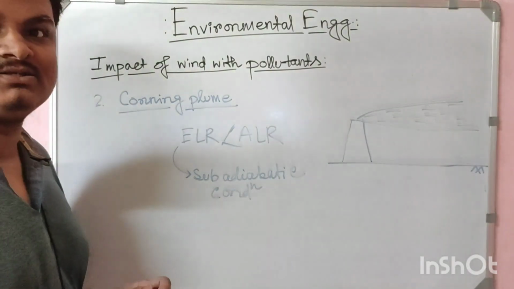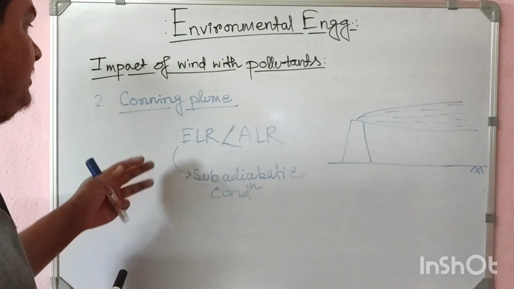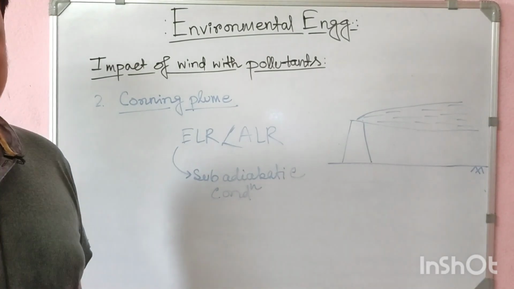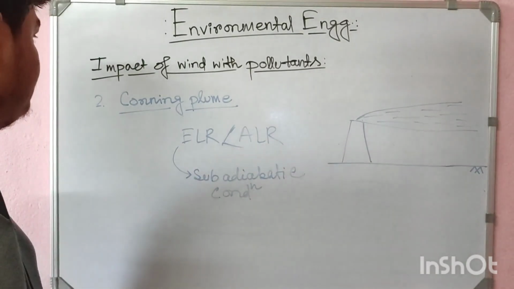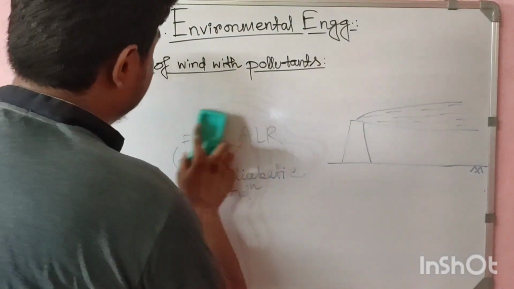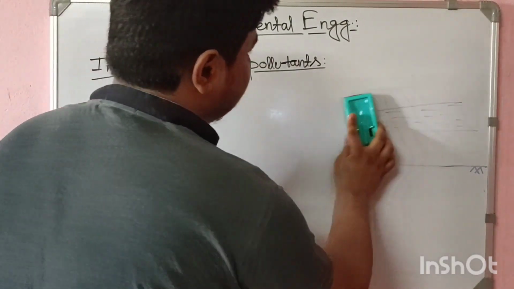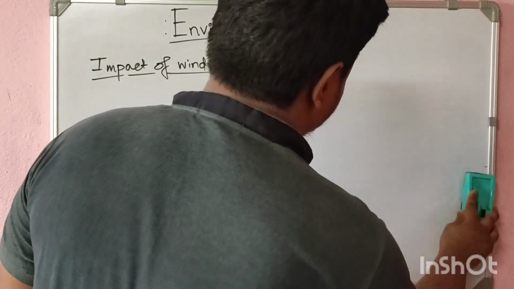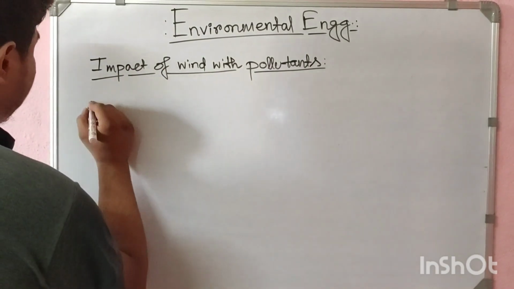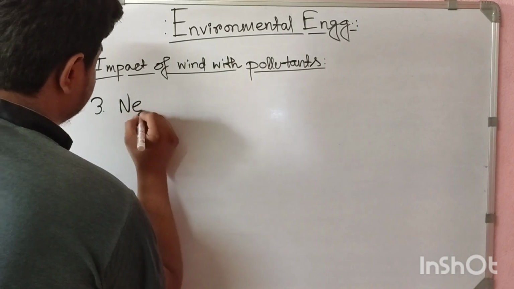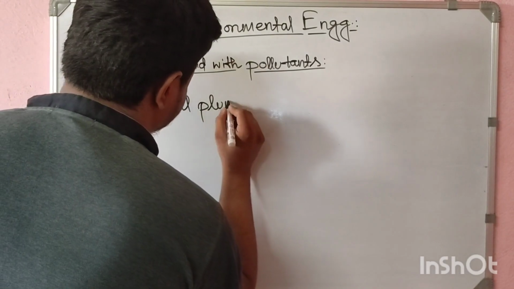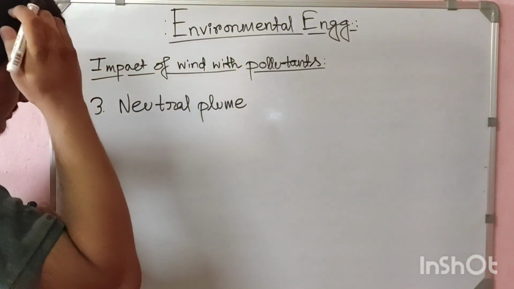Next, after we got the two conditions, first looping plume and then coning plume, see the next one, that is the third one, the neutral plume.